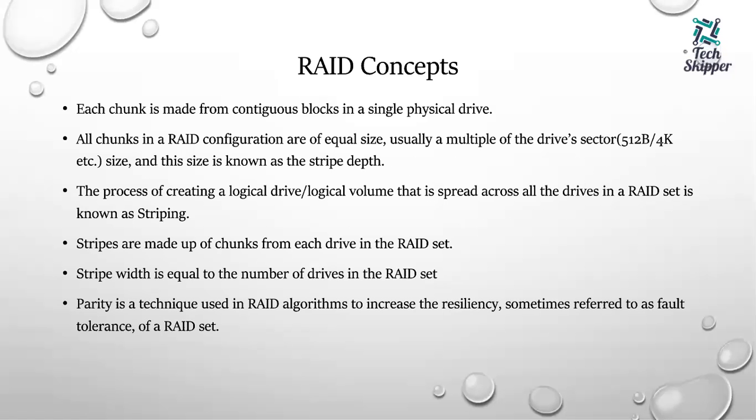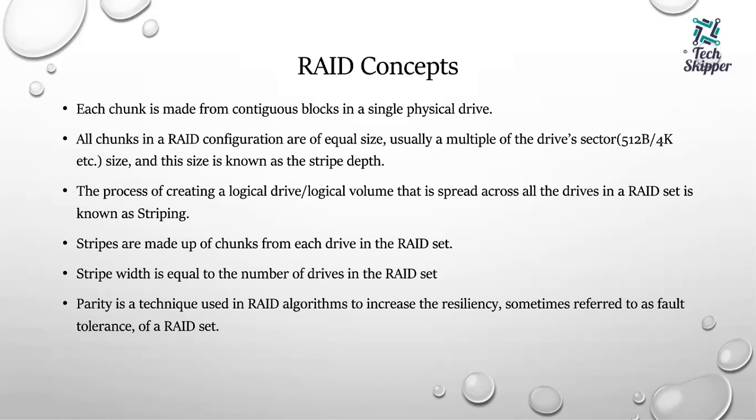Now let's get familiar with some of the core concepts of RAID. A set of contiguous blocks in a single physical drive is called a chunk. All chunks in an array configuration are of equal size, usually a multiple of the drive's sector, that is 512 bytes or 4K, etc. This size is also known as stripe depth.